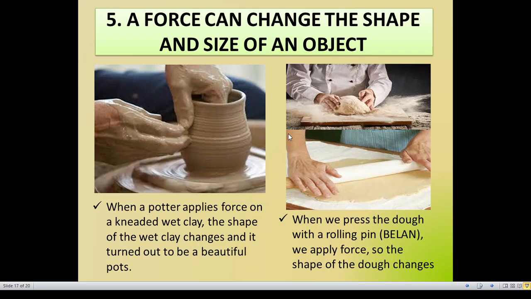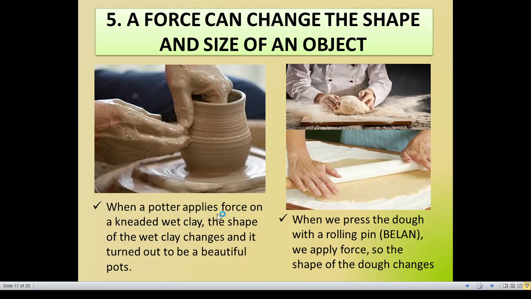And the fifth and last one is a force can change the shape and size of an object. Because the diagram, what is this? This is a rolling spinning wheel, and this is the kneaded wet clay. Kneaded means pressed harder.